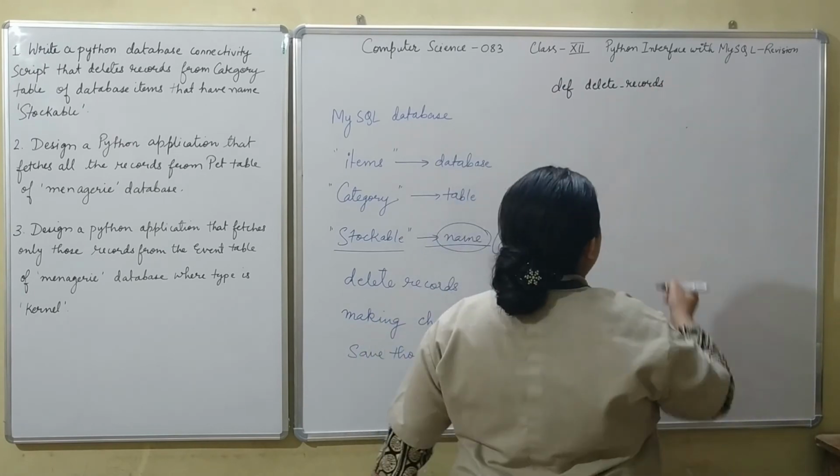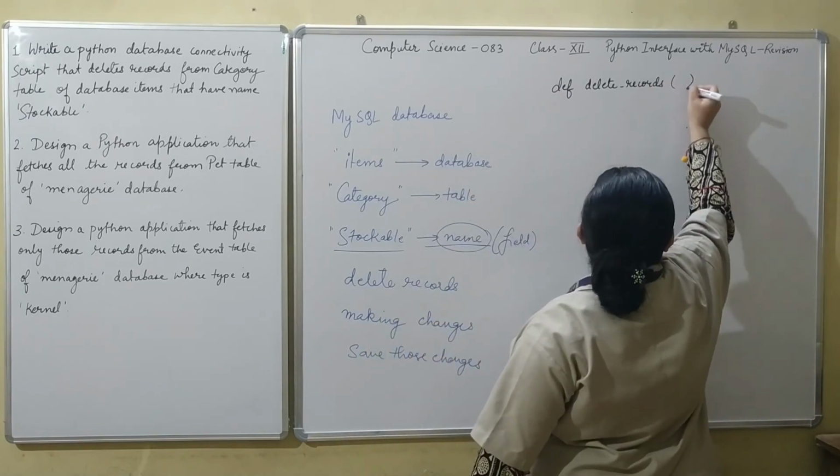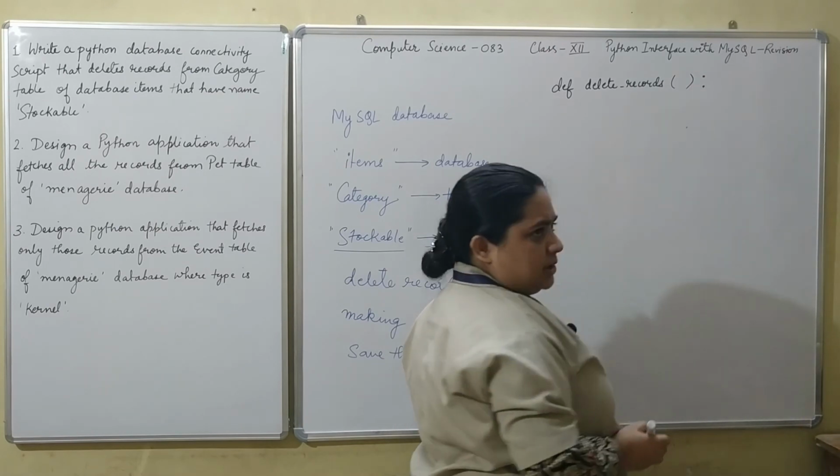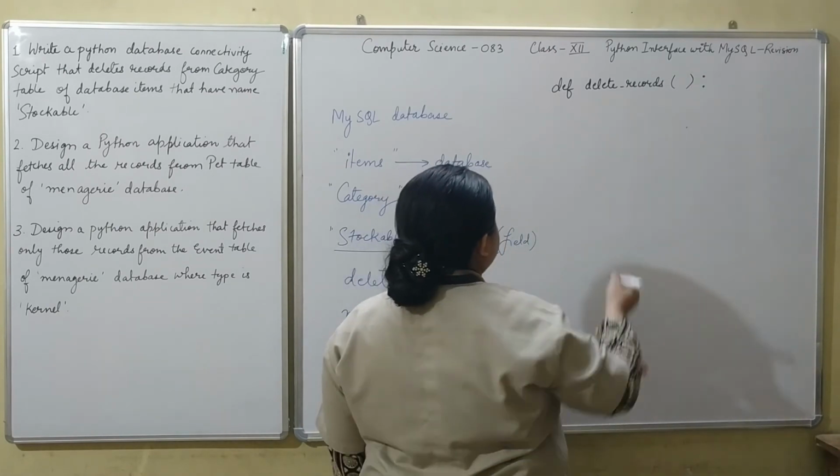Delete category records is the name of my function, and within this function I am going to create a new connection.